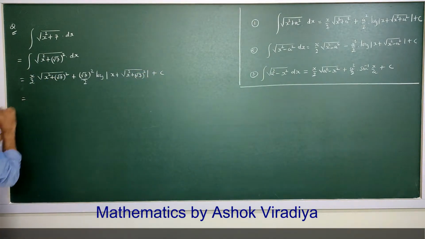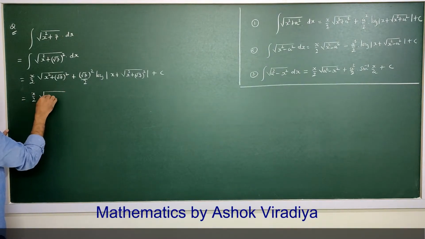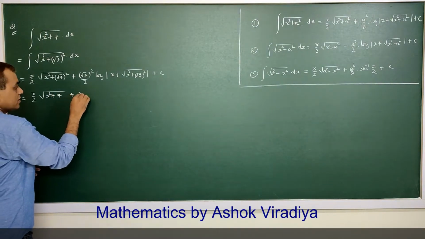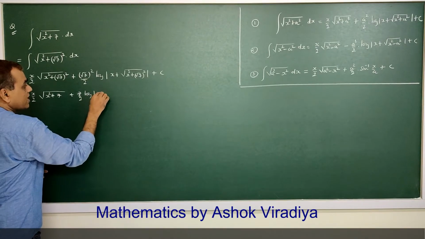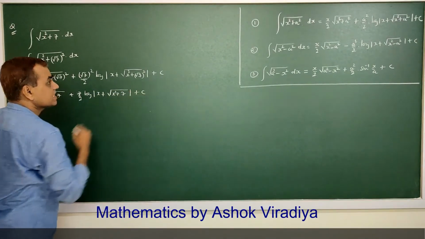So this is x by 2 root x square plus 7 plus 7 by 2 log mod x plus root x square plus 7 plus c.